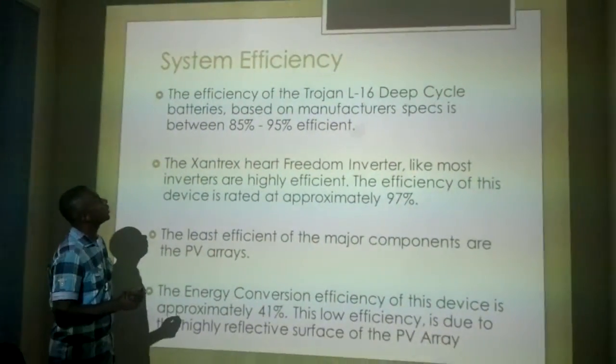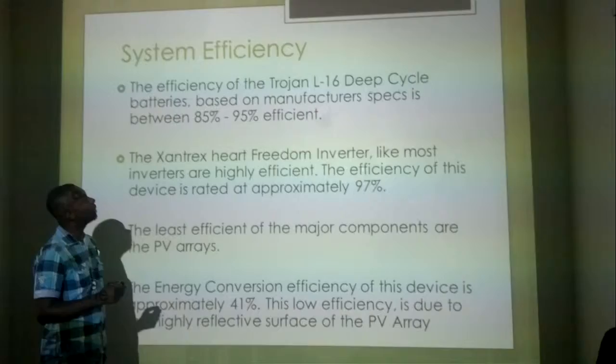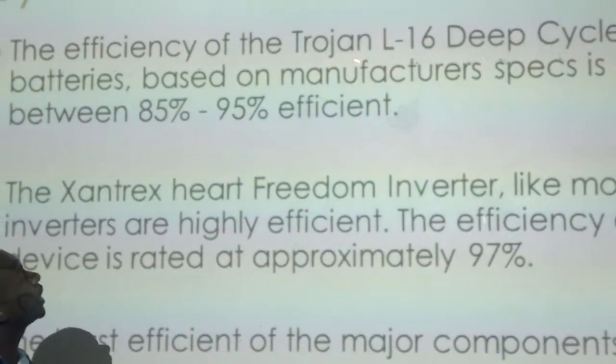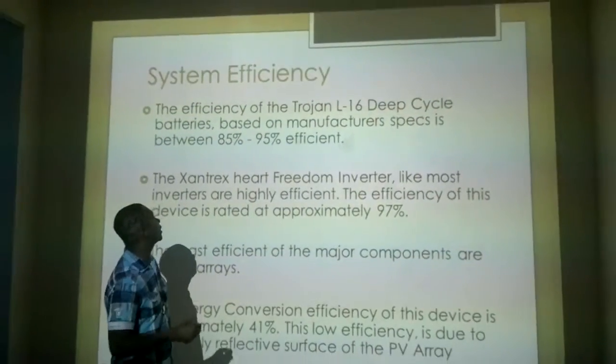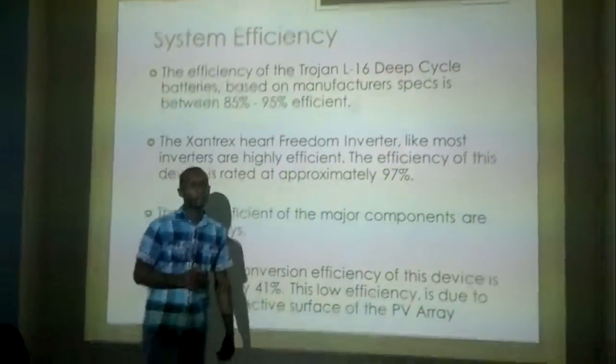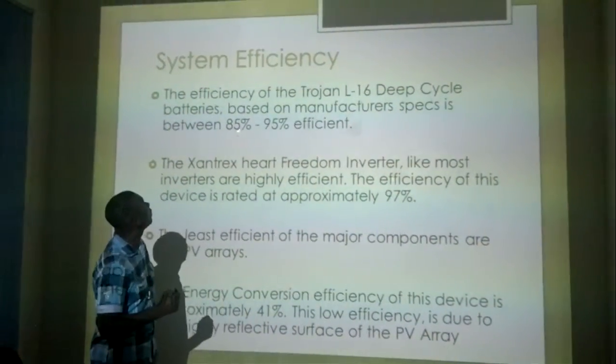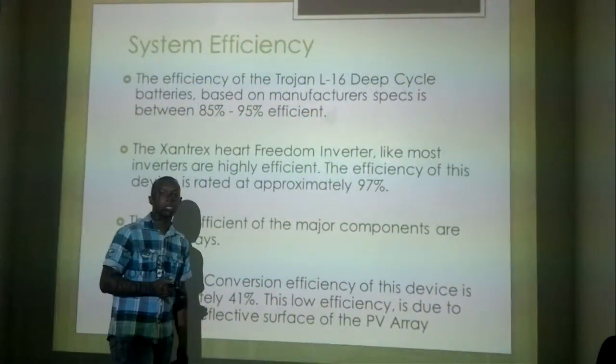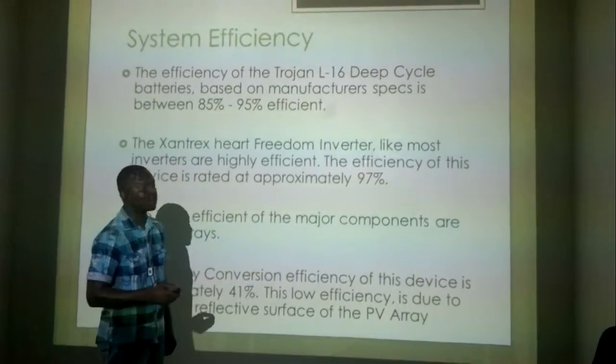Now, first of all, looking at the efficiency of the battery. The batteries that we use in our system design are the Trojan L16 deep cycle batteries. These batteries have an efficiency ranging from 85% to 95% based on the manufacturer specs.